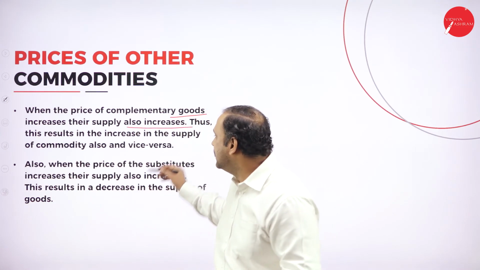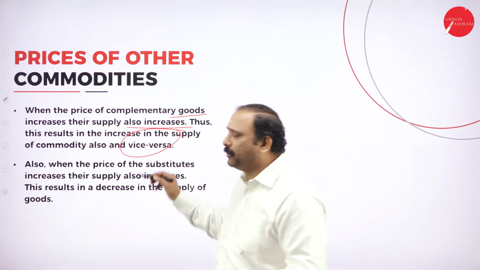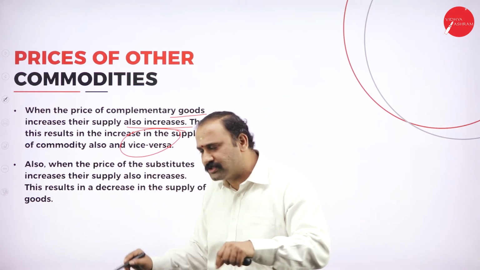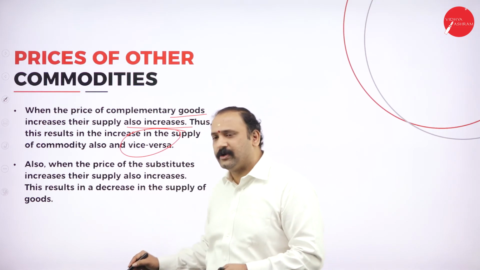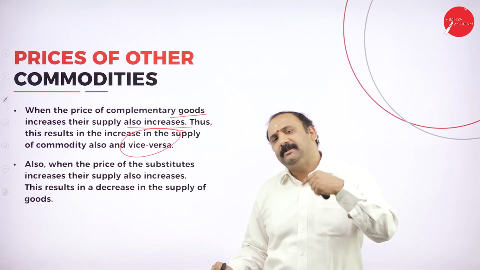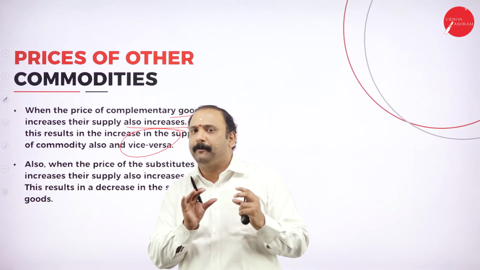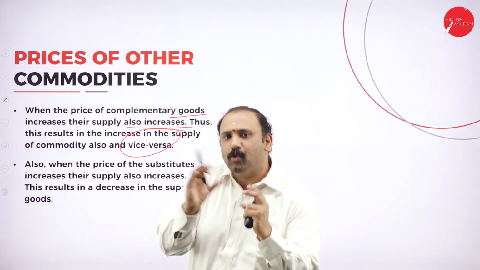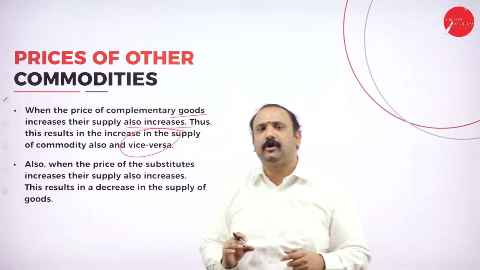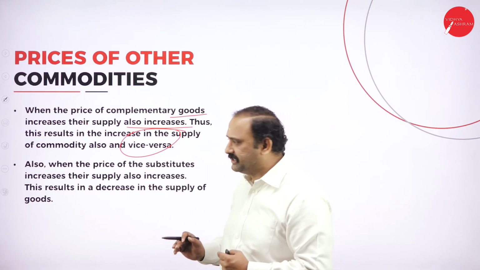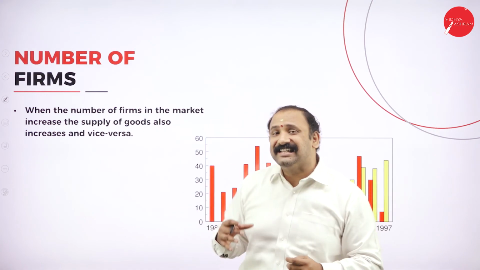This results in the increase in supply of the commodity, or vice versa. So one goes down, the other will also go down, and when one goes up, the other will also start moving up. So complementary goods keep moving with their partners in terms of the price hike or the price decrease.